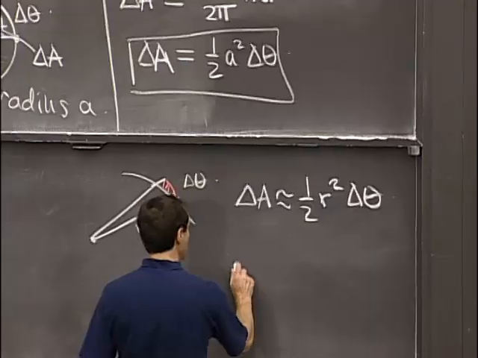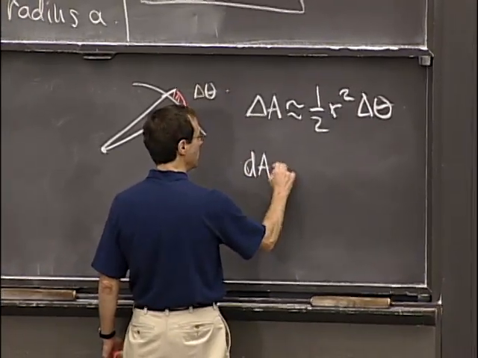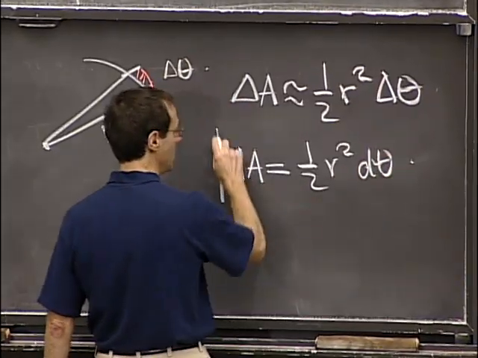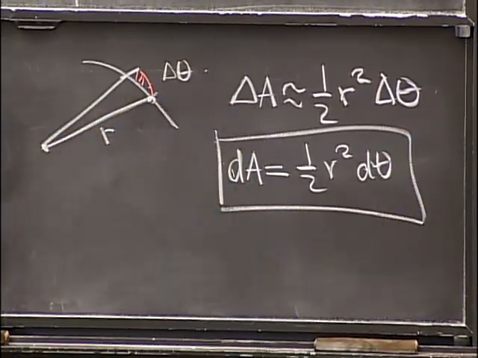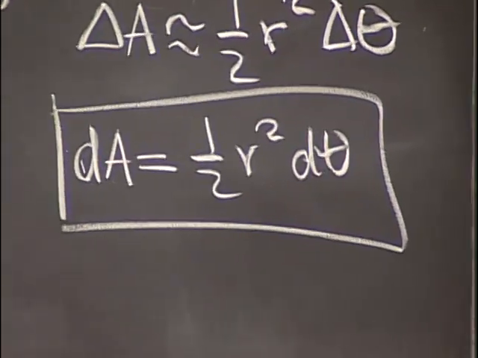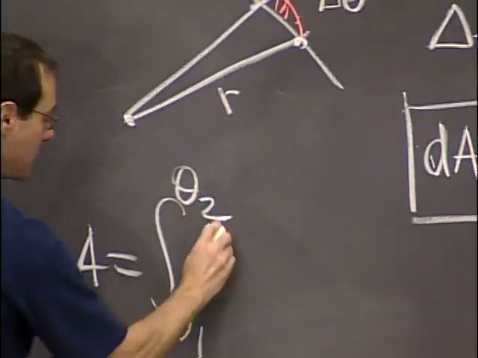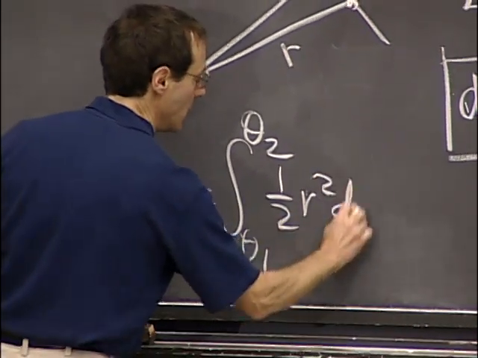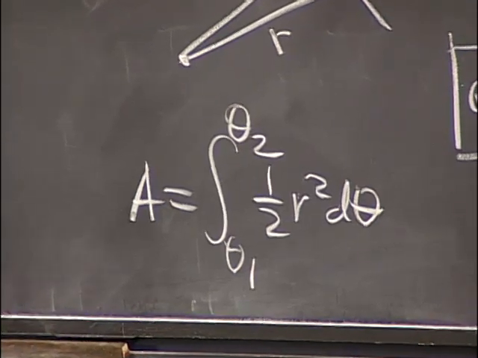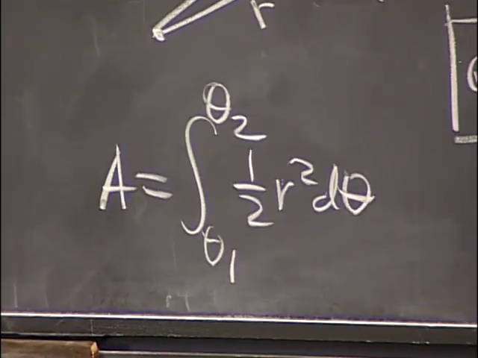And then in the limit, we have the exact formula for the differential, which is this one. So this is the main formula for area. And if you like, the total area then is going to be the integral from some starting place to some end place of 1/2 r squared d theta. Now this is only useful in the situation that we're in.